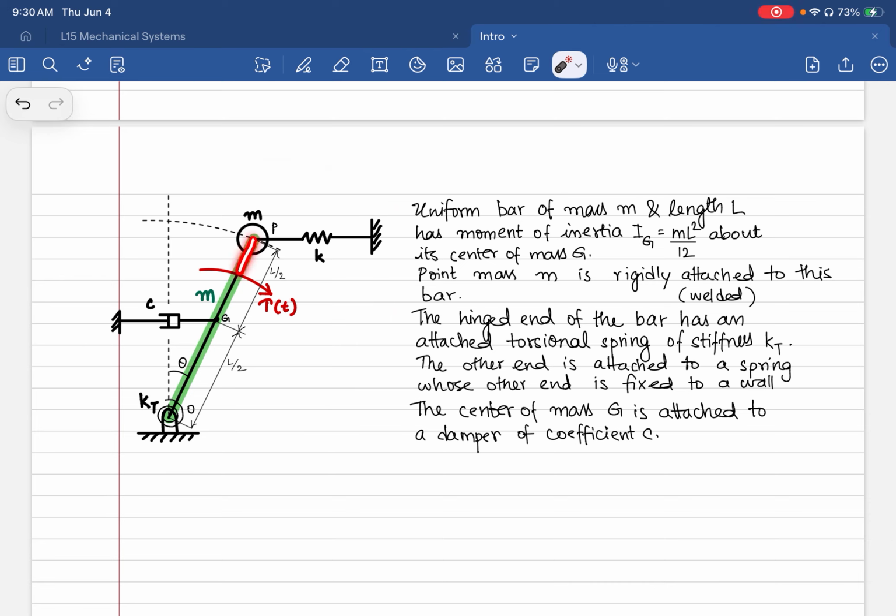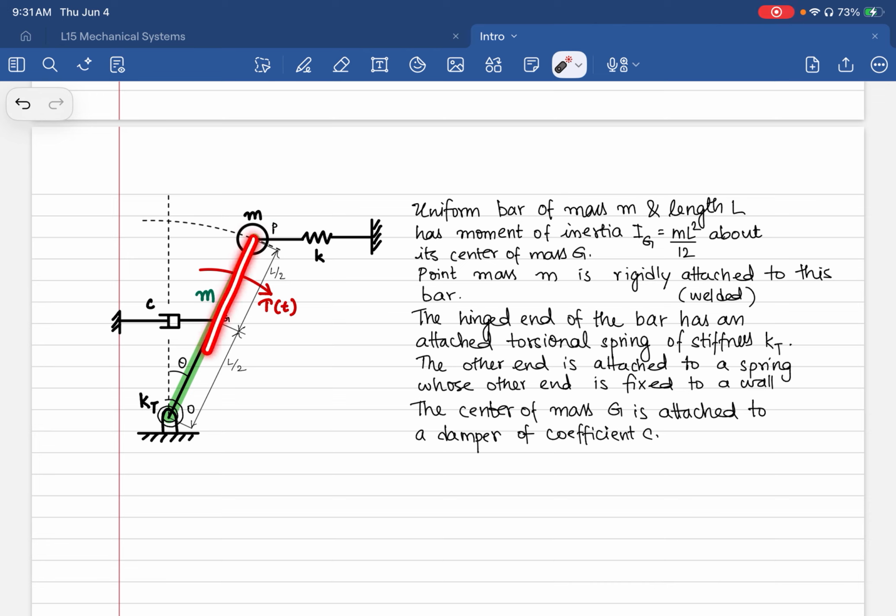You have a uniform bar given to be of mass m and length L, with a moment of inertia Ig of mL squared by 12 about its center of mass G. So it means that your rotational moment of inertia is mL squared by 12 when the rotation is happening about this axis, that is outward from this plane. There's a point mass m that's rigidly attached to the bar, which means that this mass m is something like it's welded to this point here.